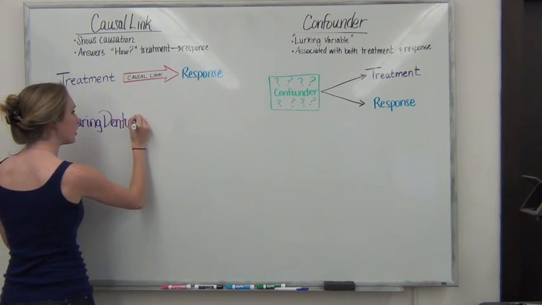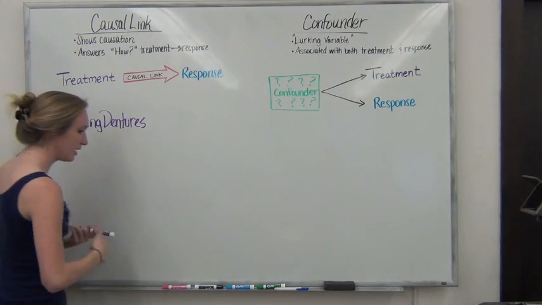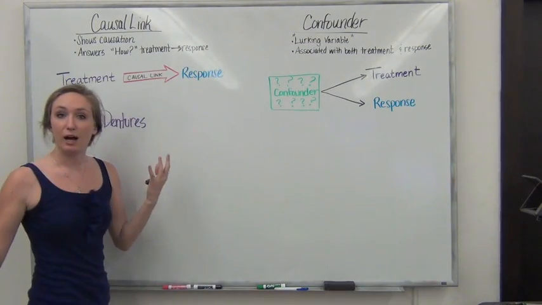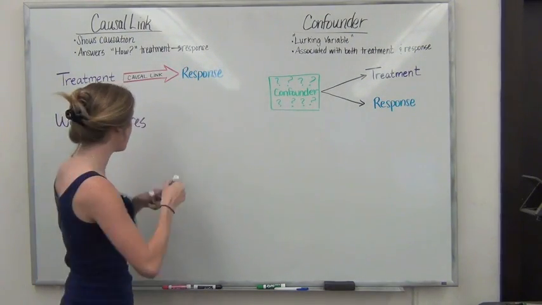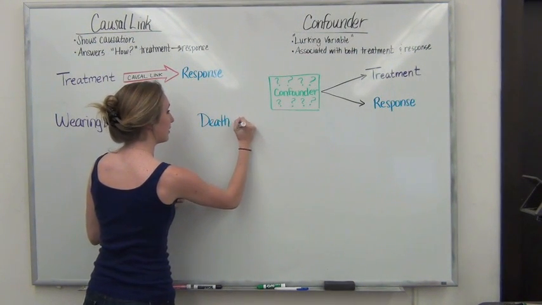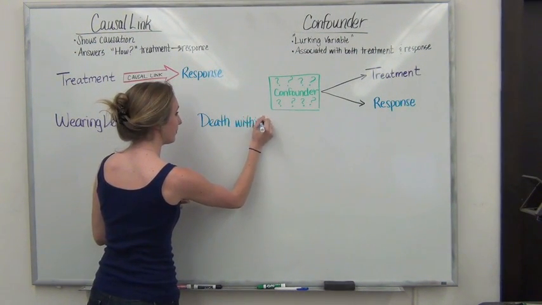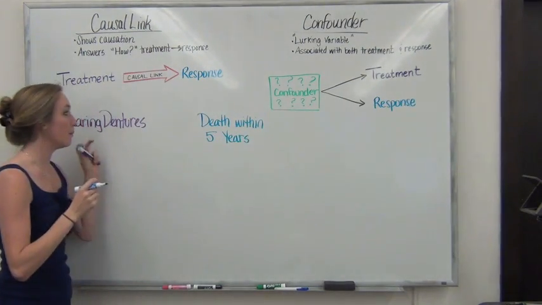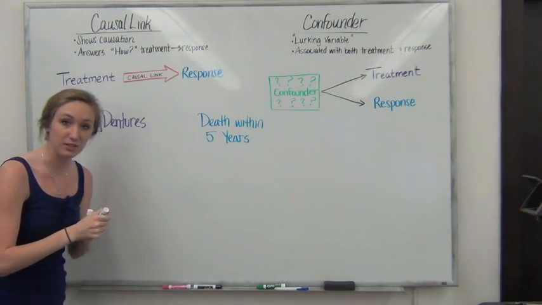And what was our response that we observed from this study? A higher likelihood of death in the next 5 years. So we see death within 5 years. So people who are wearing these dentures are more likely to die in 5 years.